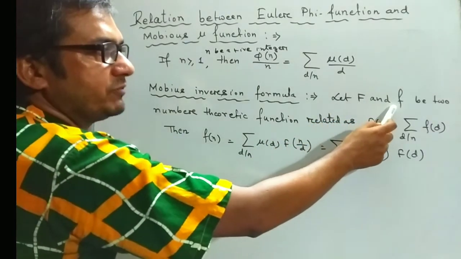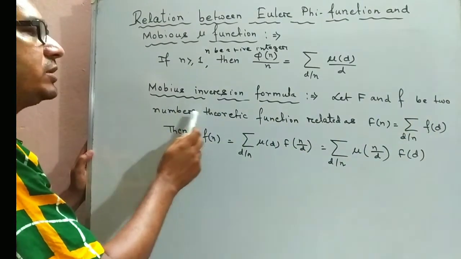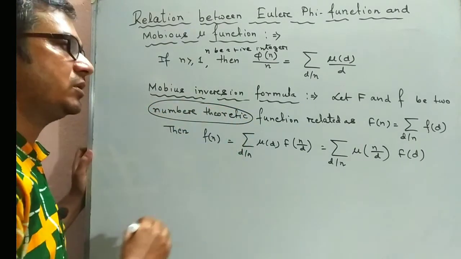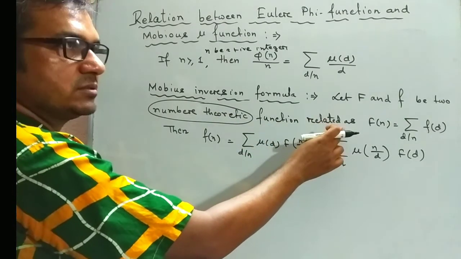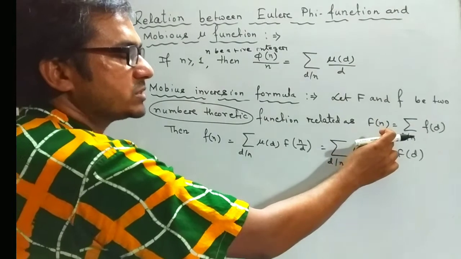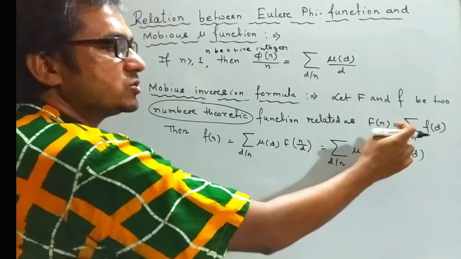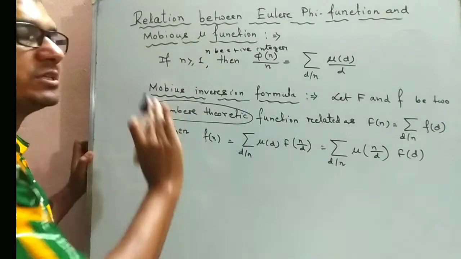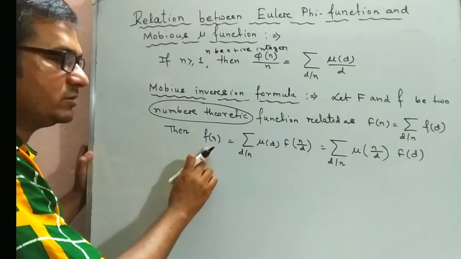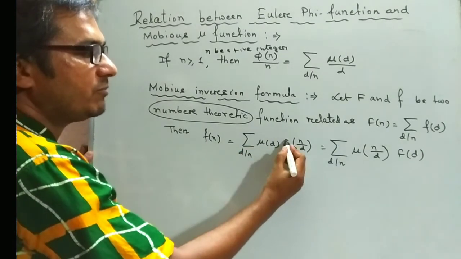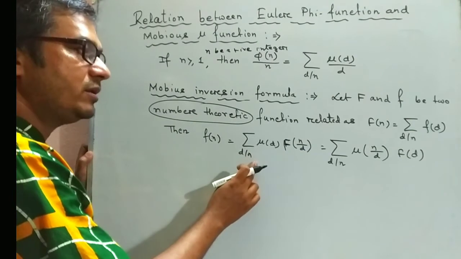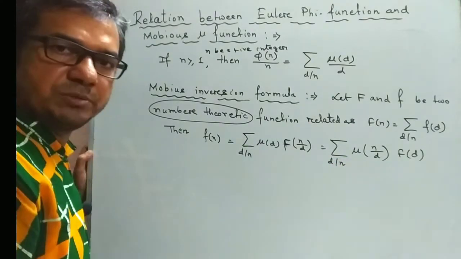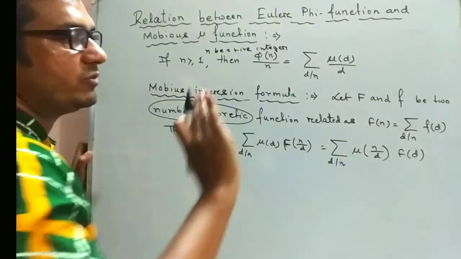if capital F and small f are two number theoretic functions, we all know which are number theoretic functions, related as capital F of n equal to the summation of small f of d, where d runs over the positive divisors of n, then the Mobius inversion formula states that small f of n is equal to the summation of mu of d into capital F of n by d, where d runs over the divisors of n, and this is also equal to the summation, where d runs over positive divisors of n, of mu of n by d into f of d.